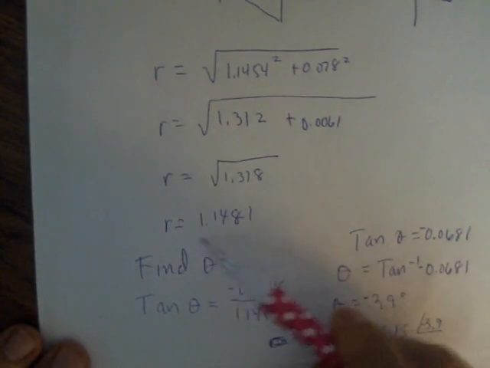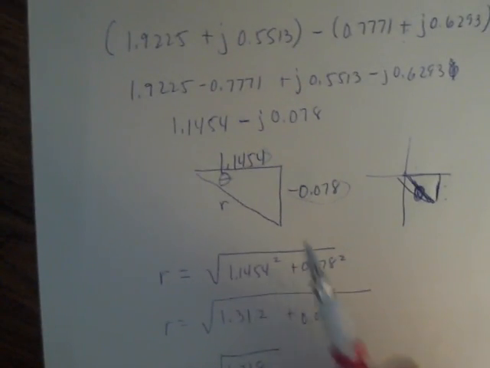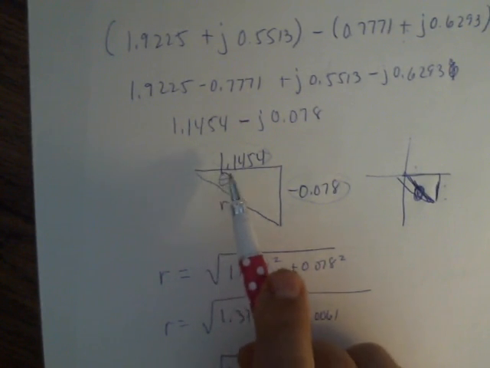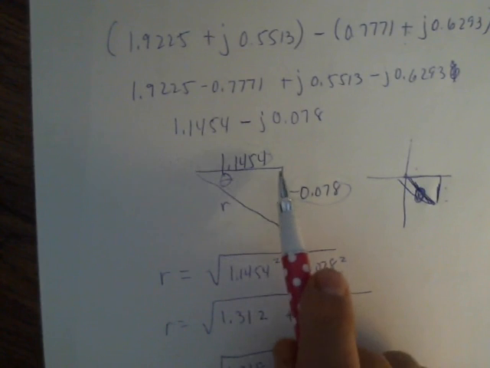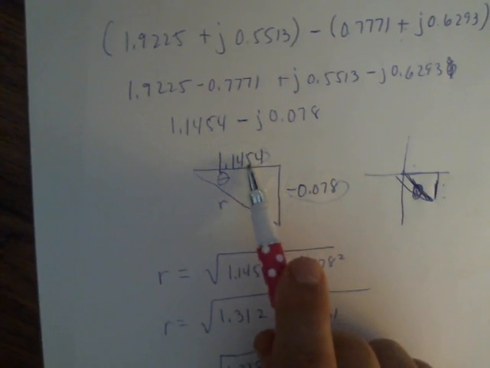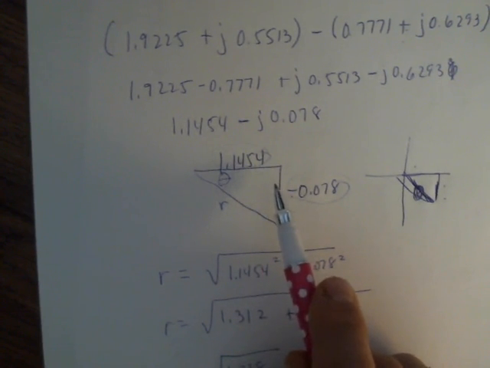Okay, so I found R. Now I'm going to find the angle. So again, when finding angles, you look at the angle and say, okay, that's my reference angle. I do know all 3 sides, but since I already have the opposite and the adjacent listed, I'm going to go ahead and use the tangent.